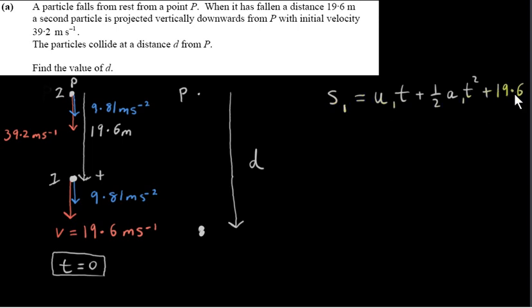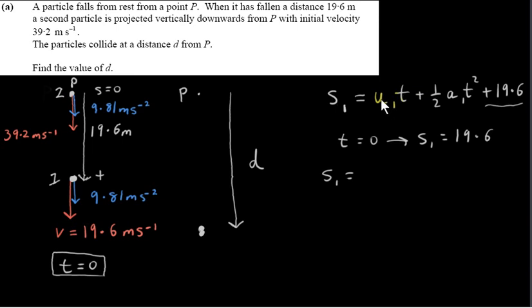The only difference is we have to add on 19.6 because at t equals 0, which is this situation here, we have that s1, the position of particle 1, is 19.6. So at t equals 0, particle 1 is not starting at the origin. The origin is this point here, s equals 0. So we just have to add on this extra term to ensure that s1 is 19.6 when t is 0.